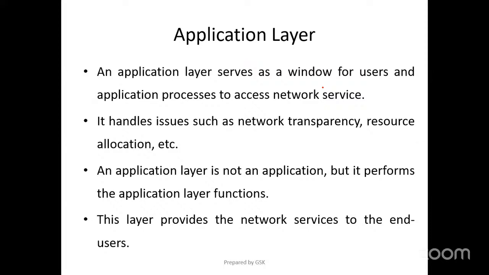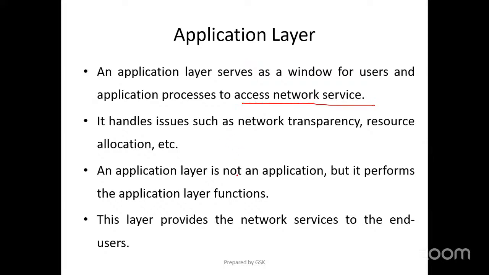If you want to use different applications, the operating system must provide the facility to use different applications. This is what the application layer does. It serves as a window for users and application processes to access the network service.